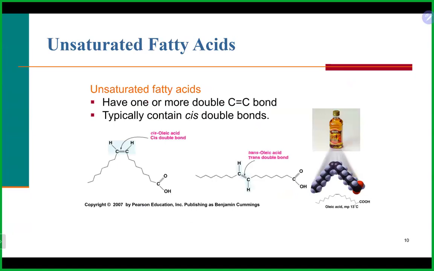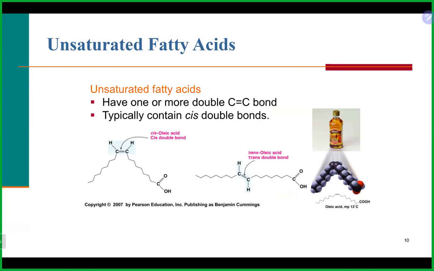So let's talk about what happens when we do have some double bonds. These are going to be unsaturated fatty acids. They do contain one or more carbon-carbon double bonds. Typically, they contain a cis double bond, but you could also have a trans double bond.